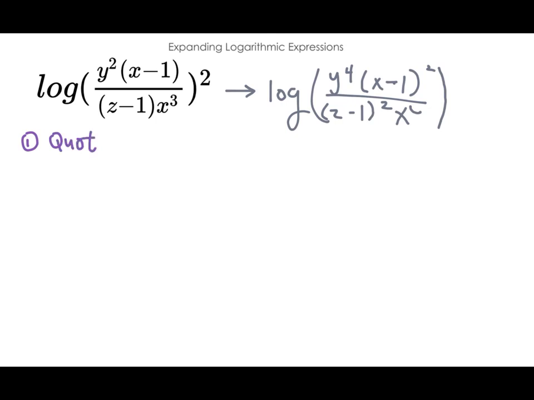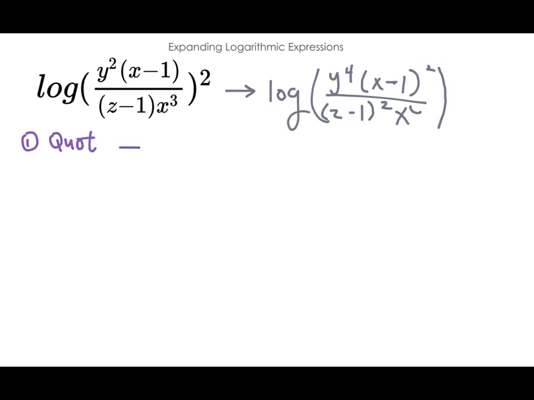So I scan my problem. Is there any division? Yes, there very clearly is. So I take the numerator, put it in one log, the denominator, put it in another log, and subtract them, right? That's how I expand out a fraction.